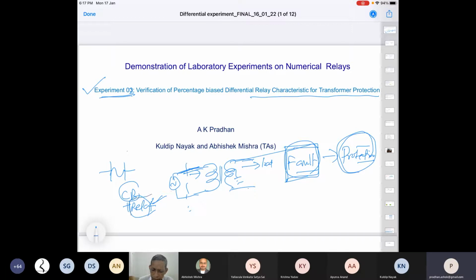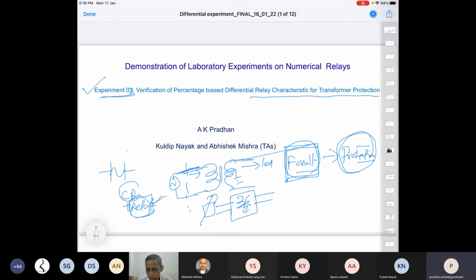The relay commands the breaker whenever it finds an internal fault of the transformer. Let us say this is your input, this is your transformer, and these are output terminals. Consider single phase. For any internal fault, the relay should open the breaker. For any external fault or no-fault situation, the relay should remain silent.